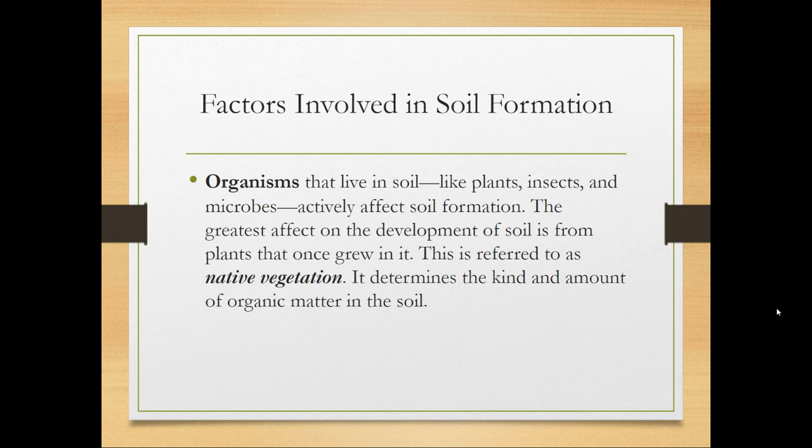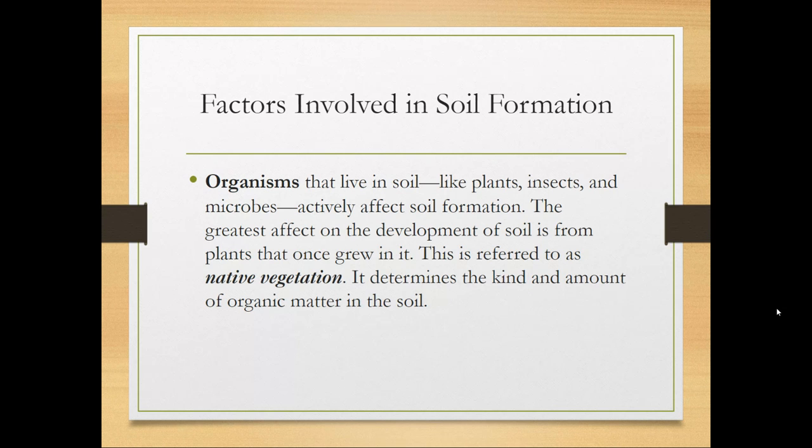So another factor that influences soil formation is the organisms that live in the soil. So the soil is an ecosystem itself. You have plants, you have insects, you have microorganisms, you have larger animals. Like you have some mammals there as well that all live in the soil and they all contribute to the formation of the soil.